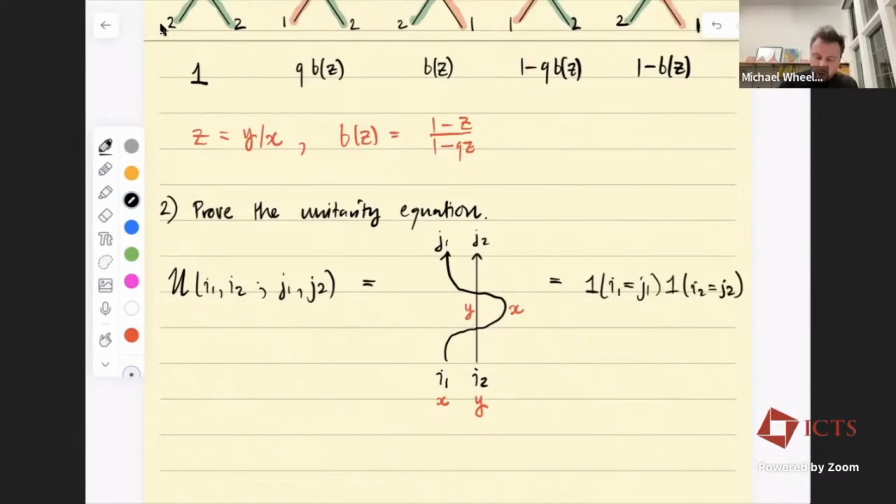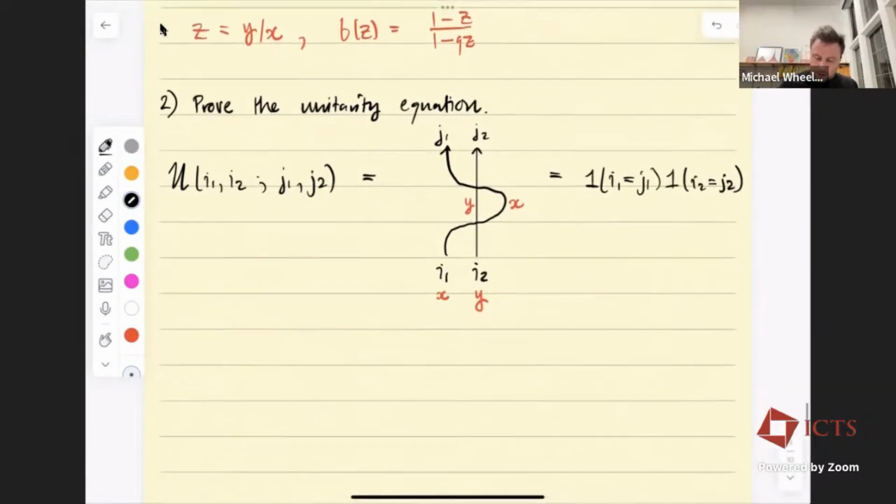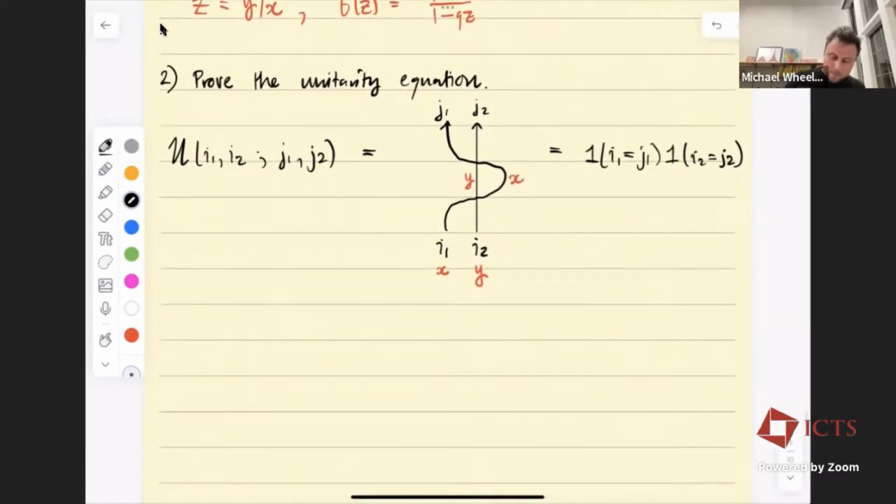All right, so the way we can do this is by a case-by-case analysis. Equivalently, one can represent this thing in terms of matrices and then just prove the thing directly on the matrix, but it's entirely equivalent. So let's just do this case-by-case analysis.